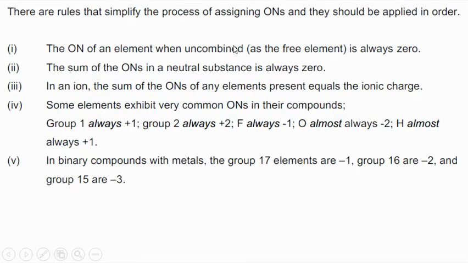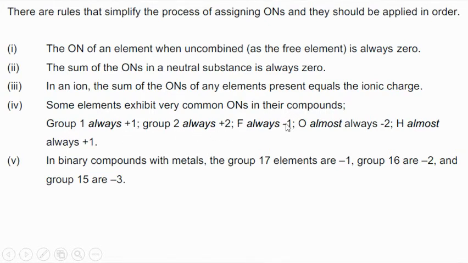So here are rules that simplify our assigning of oxidation numbers. The oxidation number of an element when uncombined as a free element is always 0. The sum of oxidation numbers in a neutral substance has to be 0. For an ion, the sum of the oxidation numbers has to equal the ionic charge. Some elements exhibit very common oxidation numbers. Group 1, always +1. Group 2, always +2.